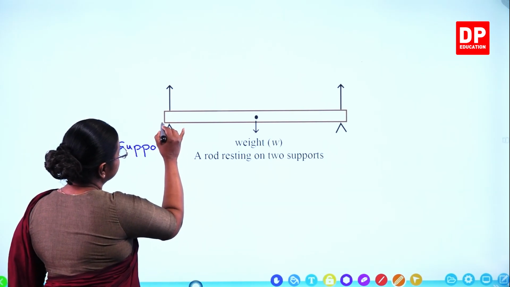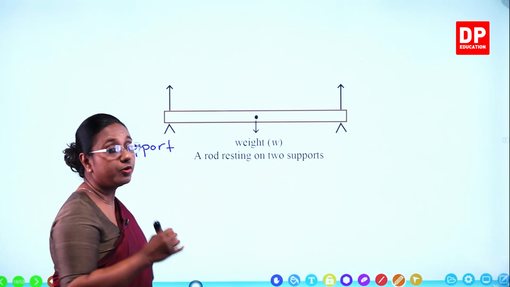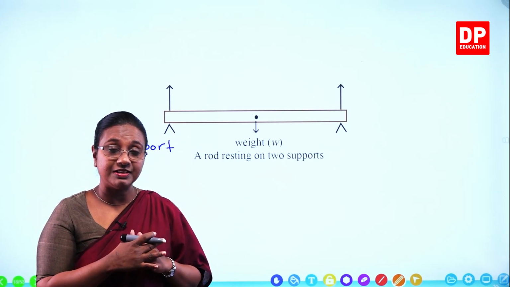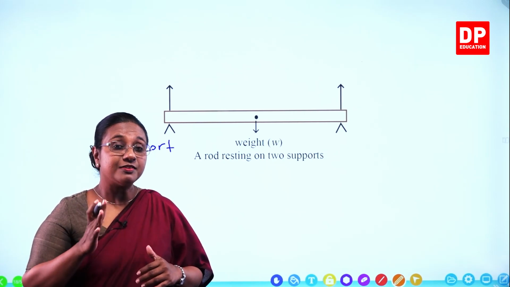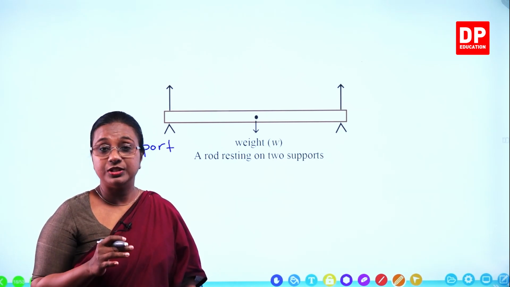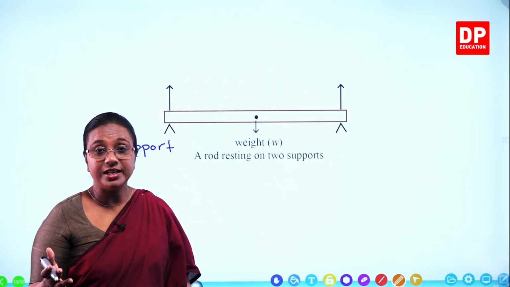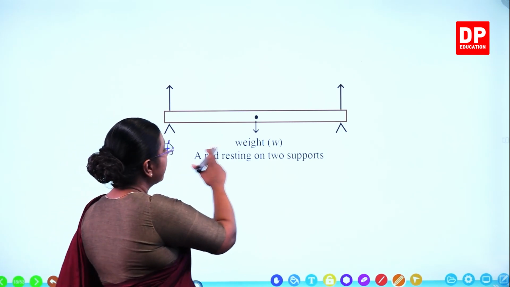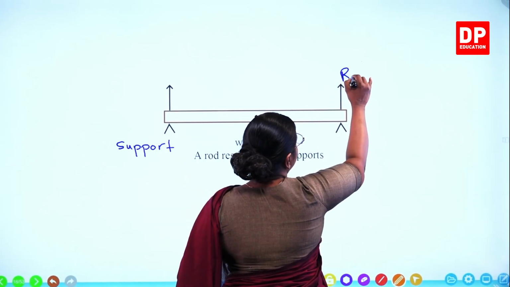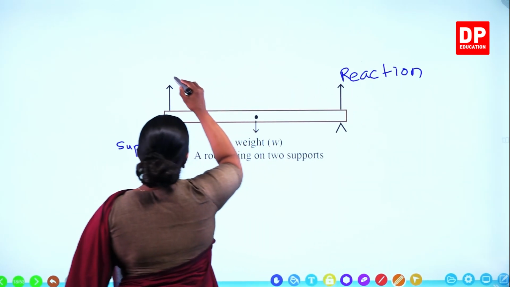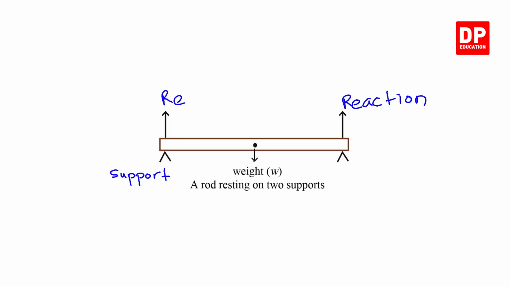These are two surfaces. The rod and the support are two surfaces. When there are two surfaces in contact with each other, one surface will exert a force against the other, perpendicular to the other. That is why we call it the perpendicular reaction or the normal reaction. So, there are reactions acting in the opposite direction. Reaction, and here also a reaction.